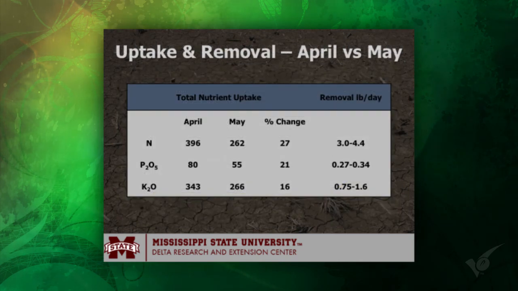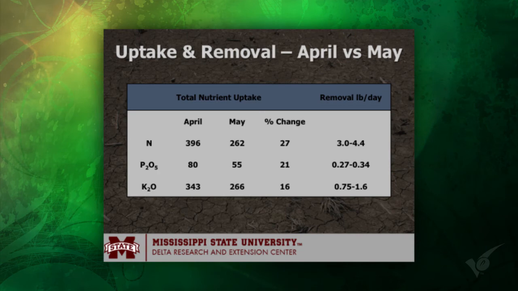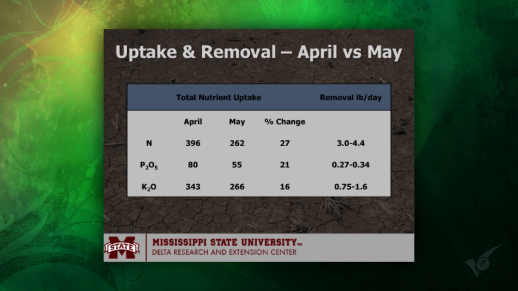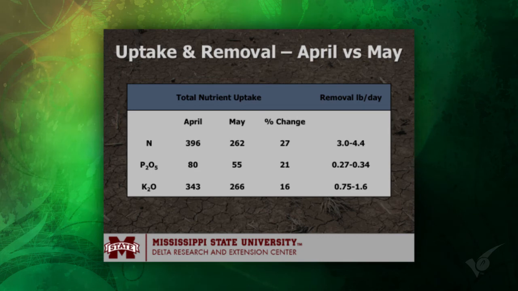All right, if you look at the total nutrient uptake and removal, April versus May, this kind of breaks it down. Remember the April beans were 82 bushels exactly, and the May beans were 50 bushels. We had a 27% difference in nitrogen uptake, a 21% difference in P2O5 uptake, and a 16% difference in K2O.